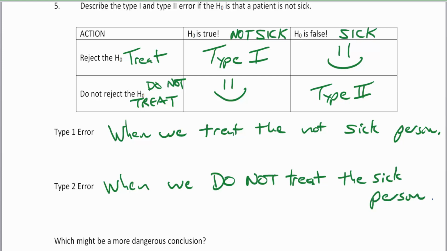And this follow-up question asks, which might be a more dangerous conclusion? Type 2 error is definitely more difficult here, especially if that treatment would prevent the spread of something. So yes, definitely, type 2 is definitely worse. Treating the not sick person is definitely not as bad as not treating the sick person in this second of 3 examples.